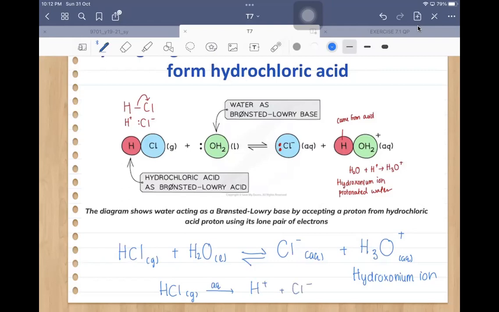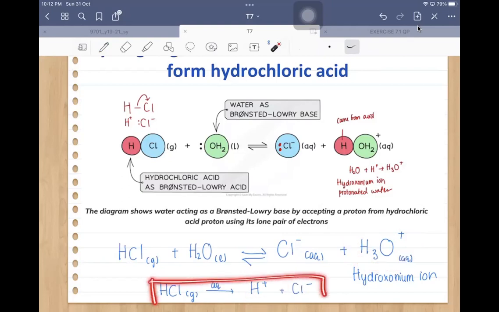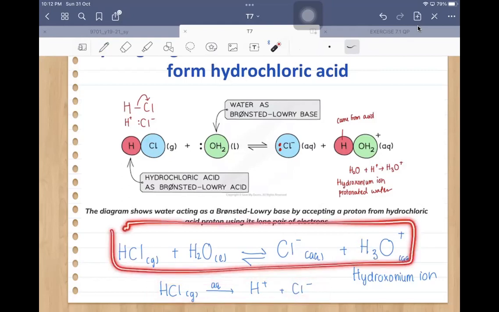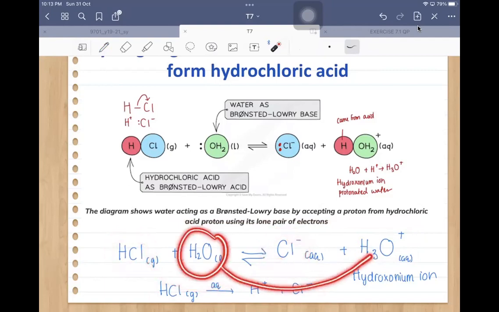Can you see that the H3O plus is actually the equivalent of your H plus, right? This is your O-level way of writing down the dissociation of HCl. This is the A-level, or we say the Bronsted-Lowry theory, because you can see that HCl becoming a Cl minus has donated its hydrogen ion to H2O, which turns into H3O plus.